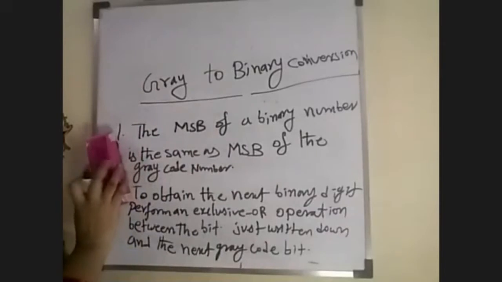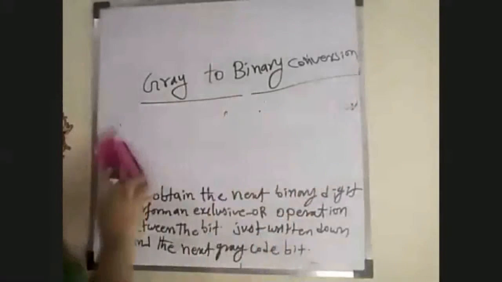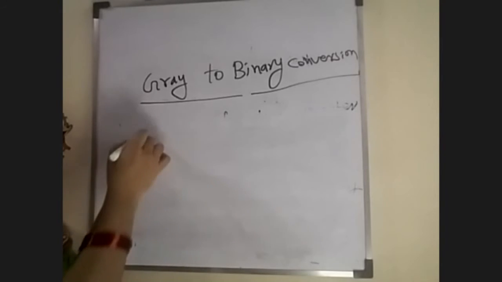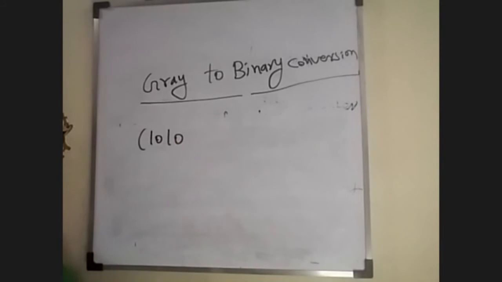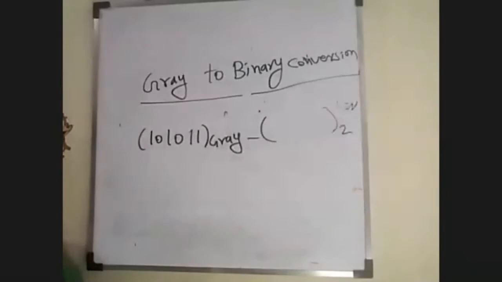Okay, so you can easily understand, I will explain with one example. Convert gray code 101011 into its equivalent binary code.